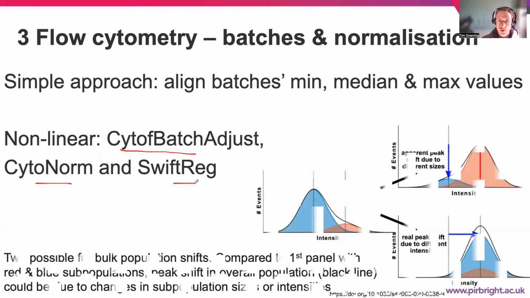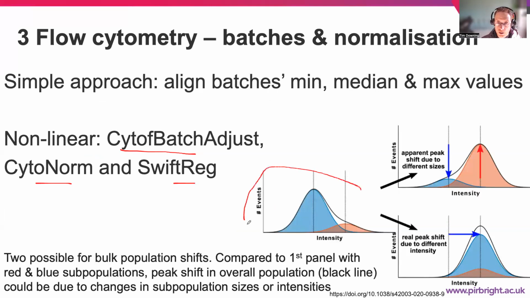And in principle, what they're trying to do is take a distribution like this, where maybe there are two underlying distributions, and consider whether they are occurring because there's a shifted peak due to different sizes, or whether there is a different intensity present. So that's from SwiftReg, which details that approach in more detail.